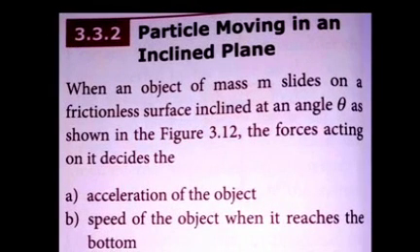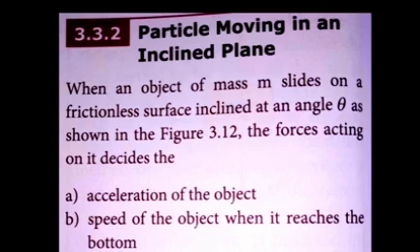Students, now we are going to see the particle moving in an inclined plane, page number 122. Consider an object moving in an inclined plane. We are going to calculate the acceleration due to gravity and the speed at which the object reaches the ground from a certain height.